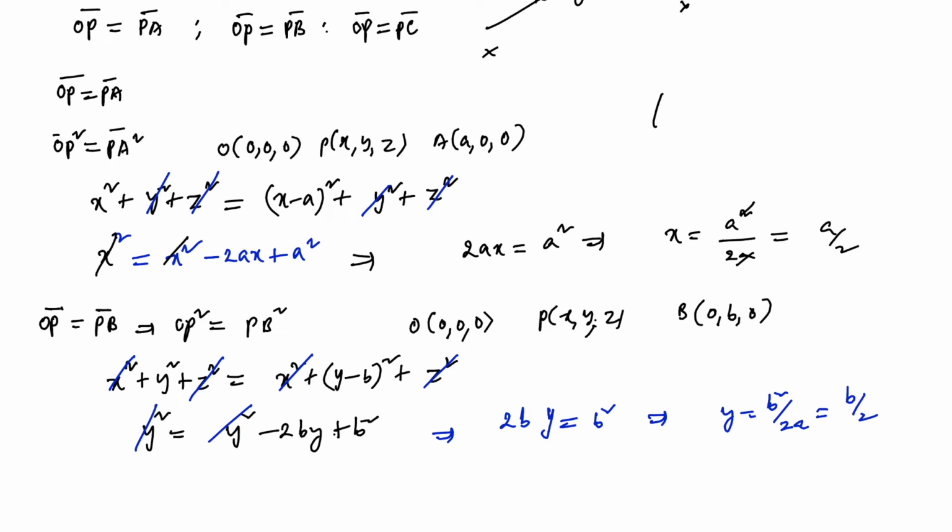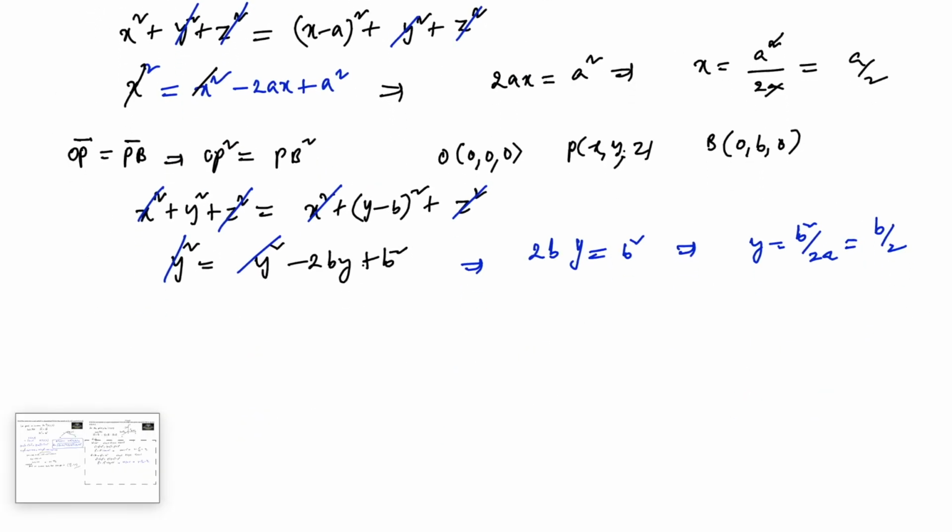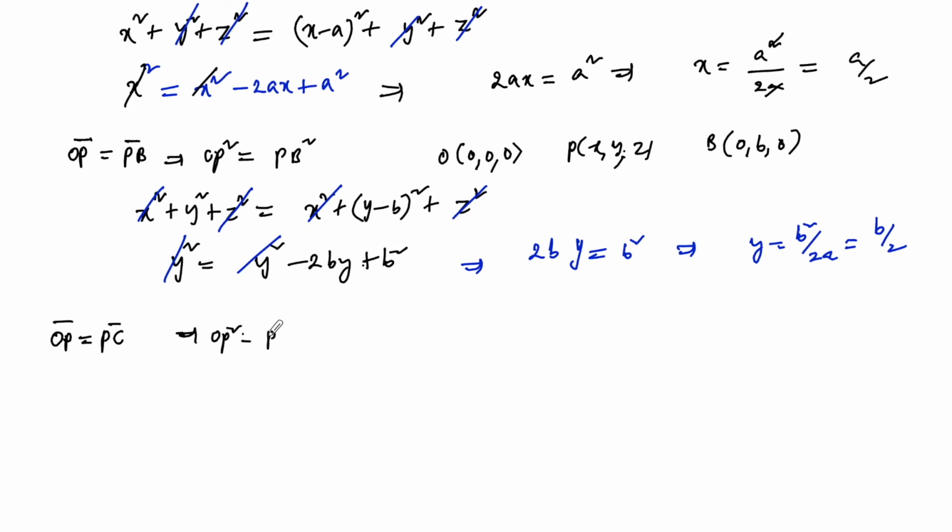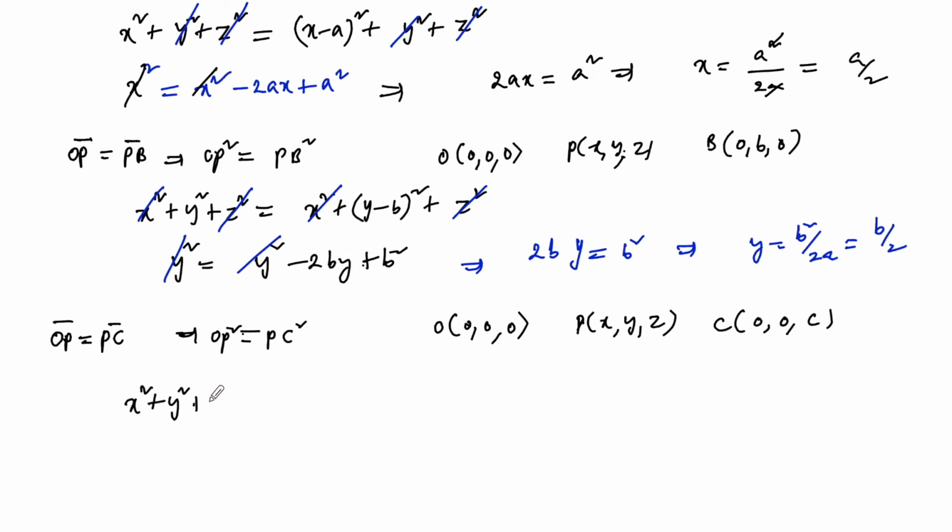Similarly, if I take OP is equal to PC, that is OP square is equal to PC square, with origin O (0, 0, 0), point P (x, y, z), and point C (0, 0, c). So we can write OP square as x square plus y square plus z square, and PC square is nothing but x square plus y square plus (z minus c) whole square.